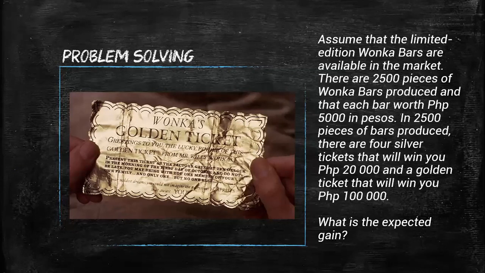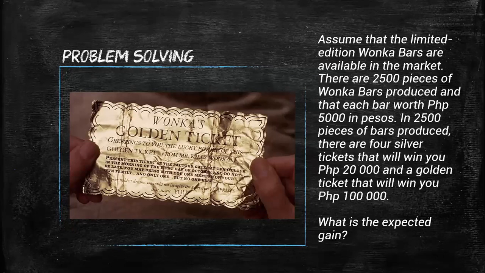The story plot is that the chocolate factory has a contest, and they embedded golden tickets in the chocolate bars.